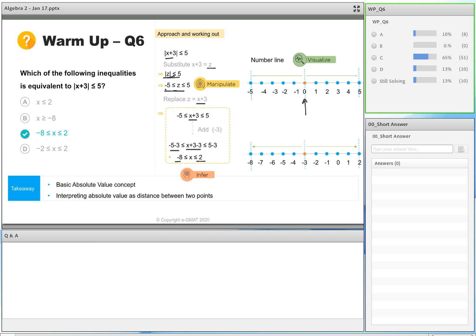I'm going to go to that point, which will make things easier to understand. But before that, this is the basic method in which we solve absolute inequality questions, and I hope this is now clear to all of you.